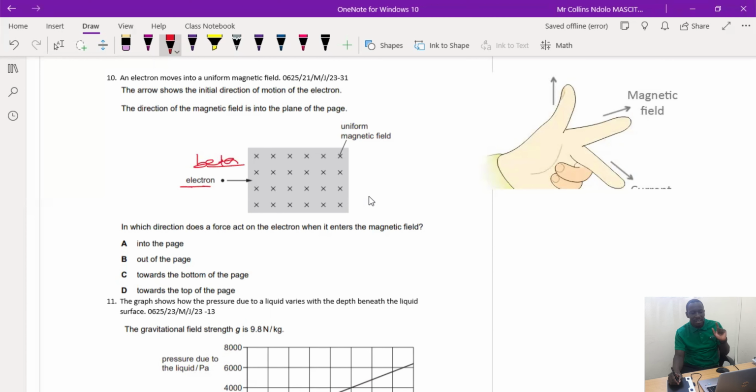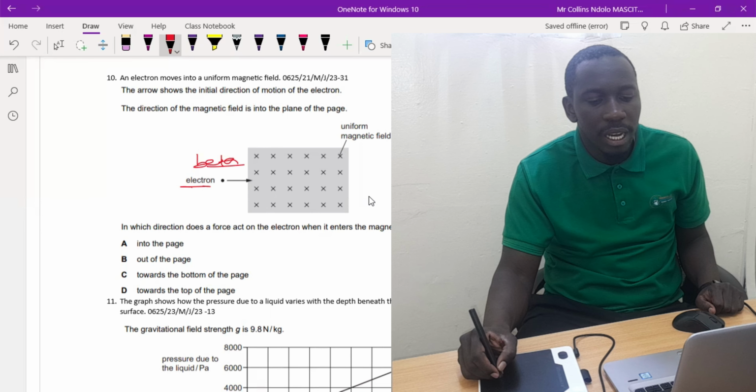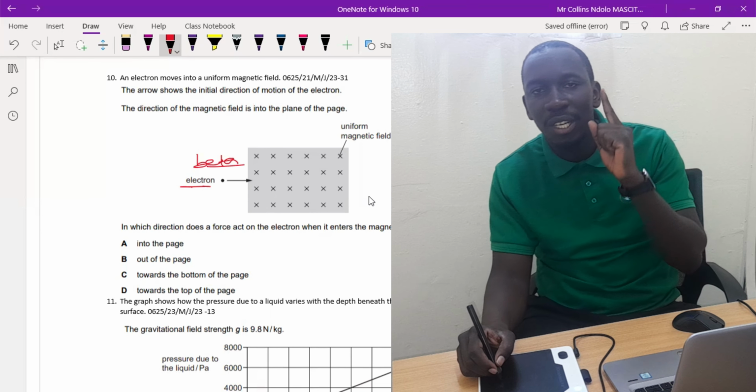So the same concept will apply. Remember, when you're looking at a simple circuit, so we have maybe, let's say, a bulb here. Conventional current will always flow from positive to negative, while electrons flow in the opposite direction.